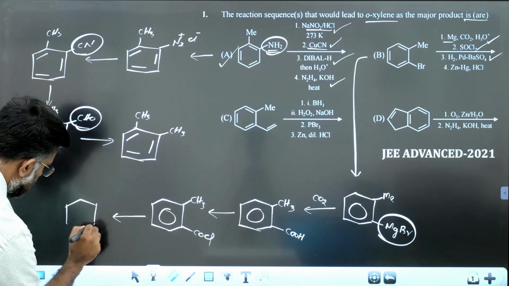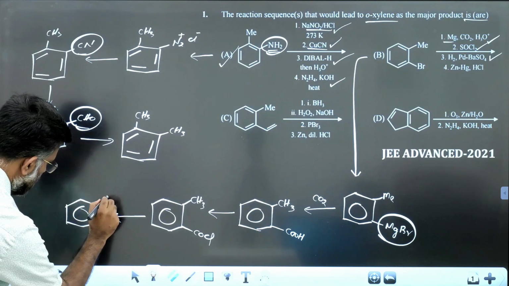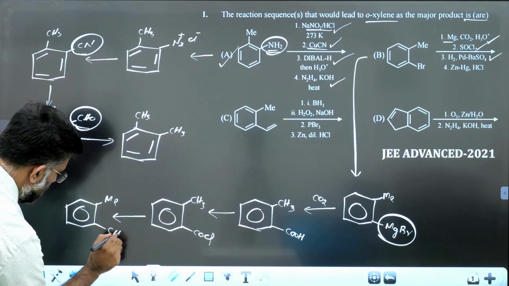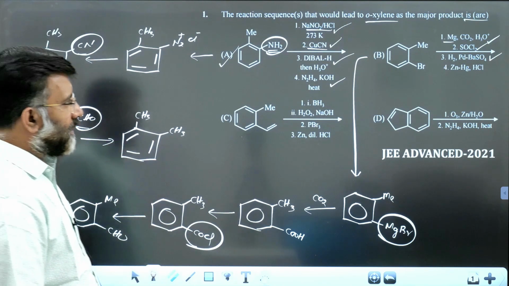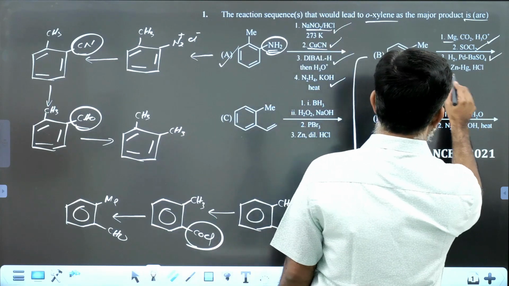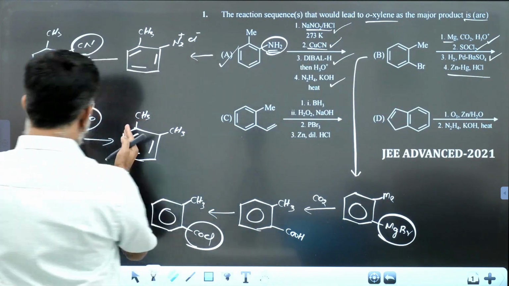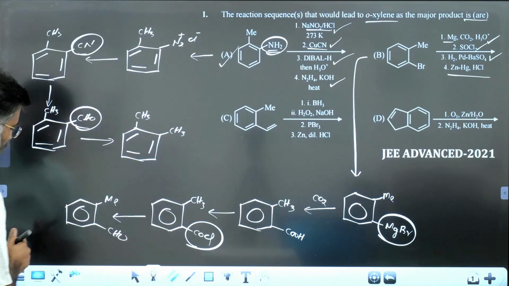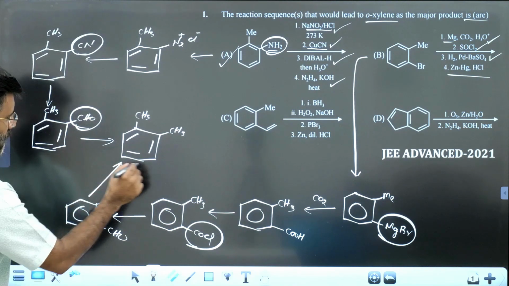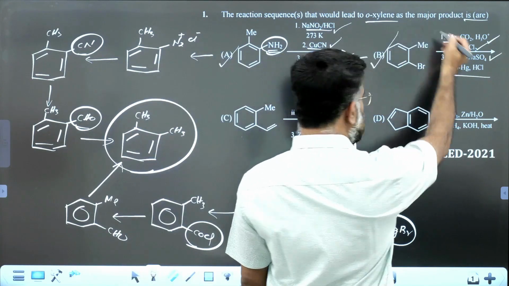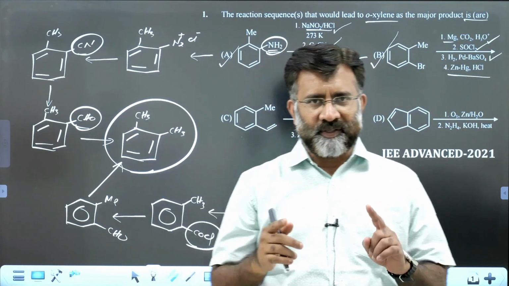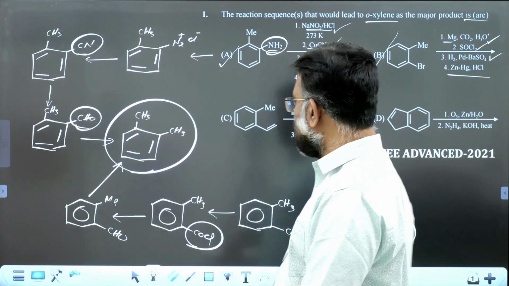COCl will turn into CHO by Rosenmund reduction. And the last one, Clemmensen reduction. Here we had a Wolff-Kishner reduction, here we had a Clemmensen reduction, and the result is once again orthoxylene. So the second choice is a perfect answer, isn't it? So first choice, second choice, both are answers.